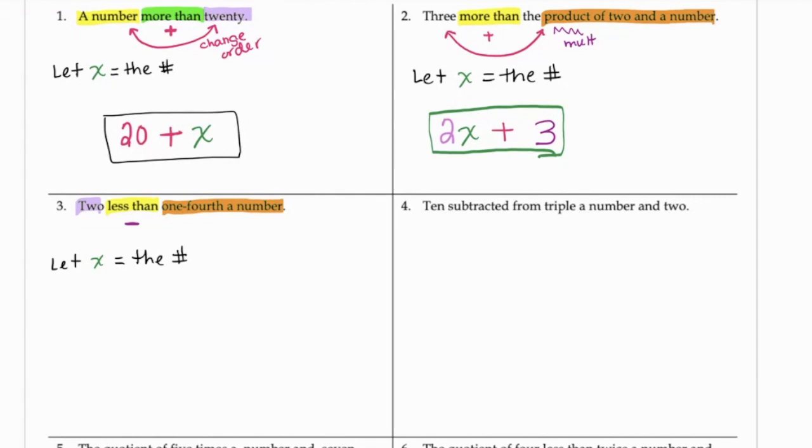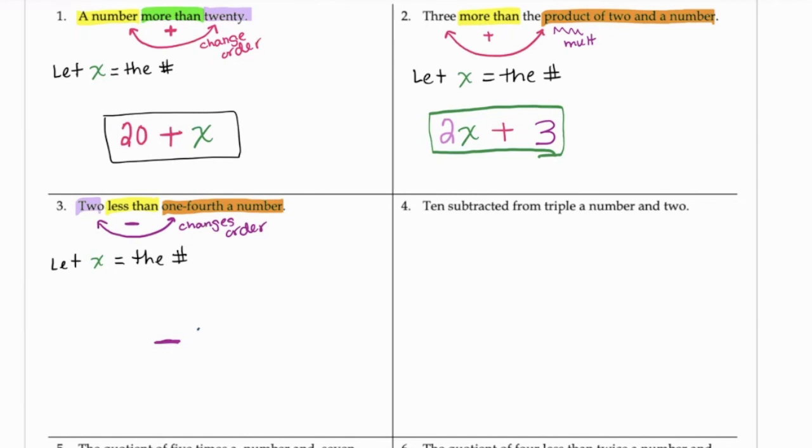But less followed by than, less than, does the same thing that more than does. It changes the order. Which means that just like before, whatever came in front now goes in the back of the subtraction sign. Whatever came in back goes in front of the subtraction sign. So let's do our subtraction here. There's my minus, there's my less than, and we had 2 less than.